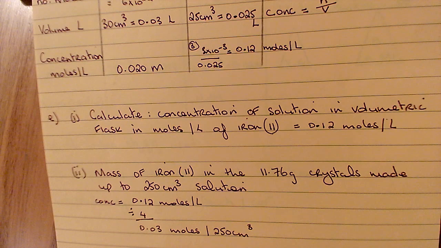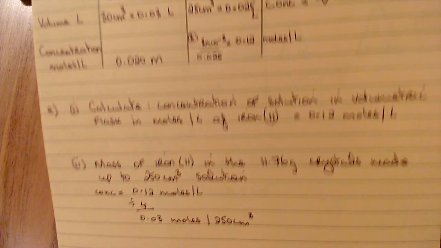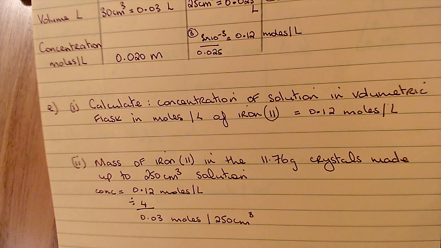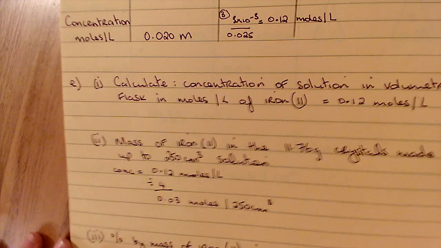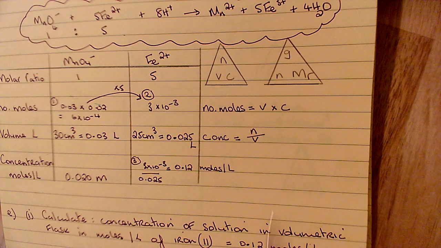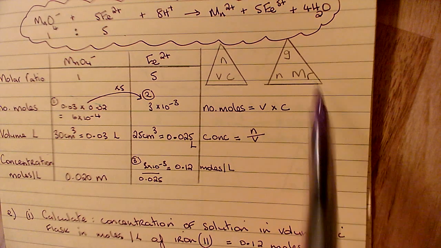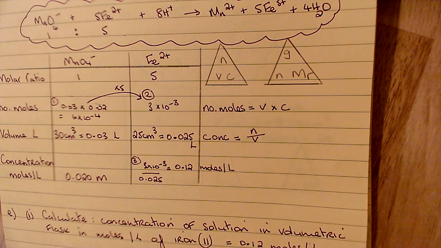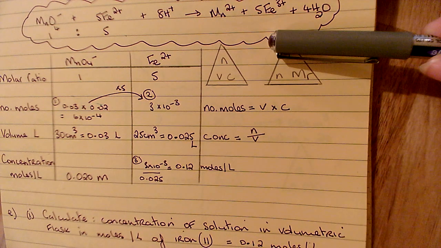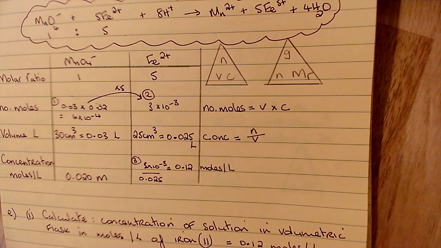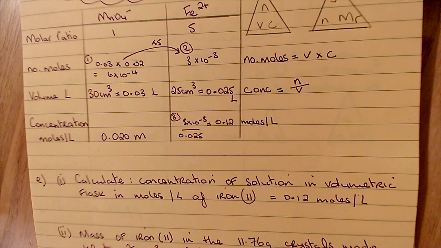Okay, and back to the question, I'm being asked to work out the mass of iron 2 in the crystals. So I want to convert from moles to mass, and remember using my good old Mr Tom triangle in order to work out grams, I cover grams and I'm left with number of moles times relative molecular mass, or relative atomic mass in this instance, because iron is an element.